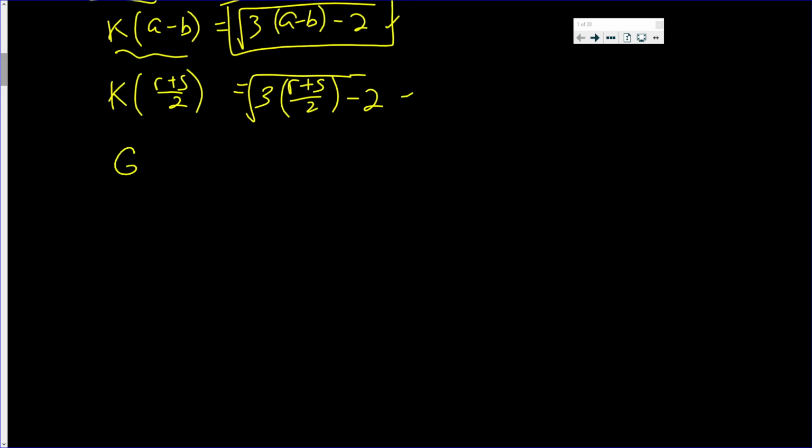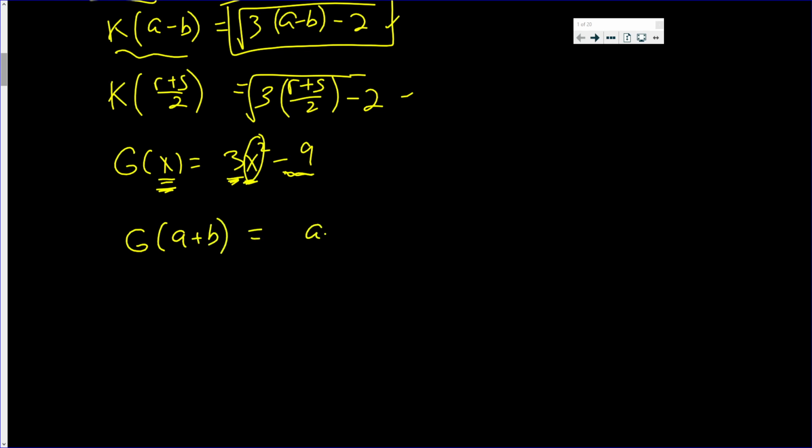If I tell you that g of x is 3x squared minus 9, finding g of something is not bad. We're calling this something x. You square it, you multiply by 3, you take away 9. Whatever's in here, you square it, you multiply by 3, and you take away 9. So if I give you g of a plus b, trivial.